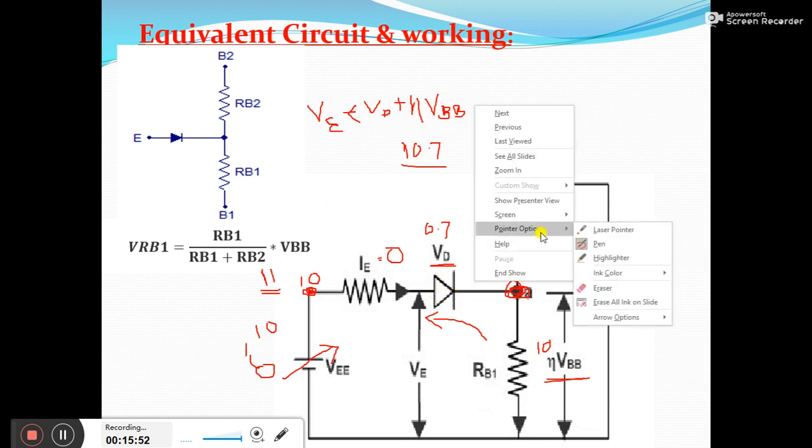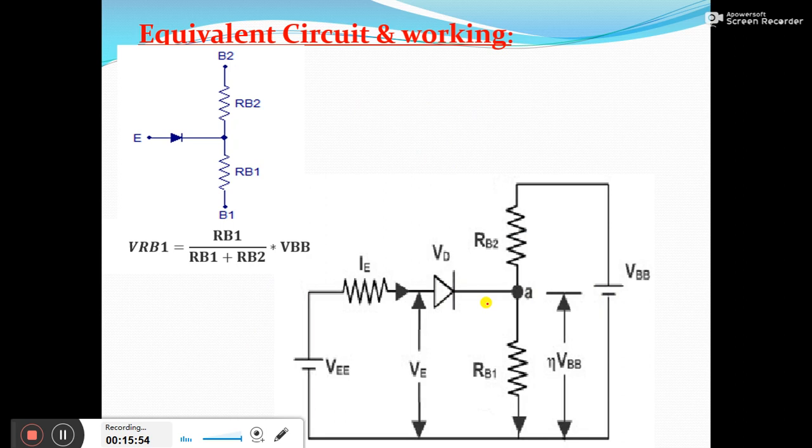Now current IE will flow from the emitter to the base 1 terminal, that is through RB1. As VE is increased beyond VD plus eta VBB, IE current goes on increasing.